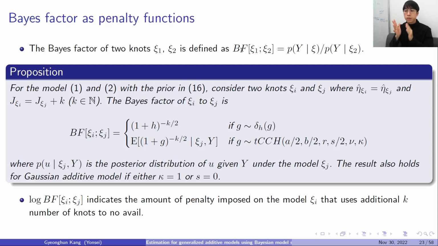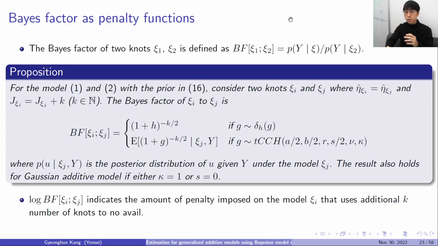However, the model in the numerator uses one more knot than the second model. Then the Bayes factor, which is a ratio of model evidences, is going to penalize the model in the numerator.